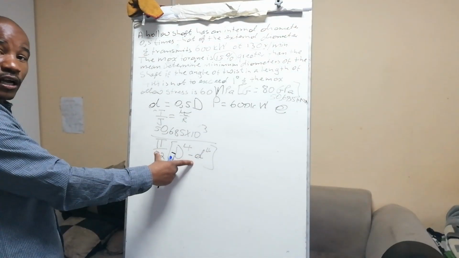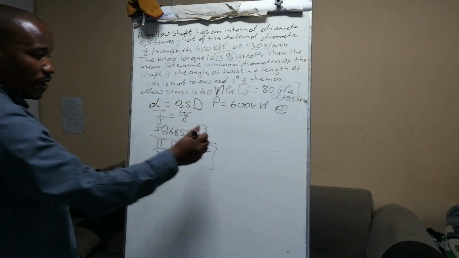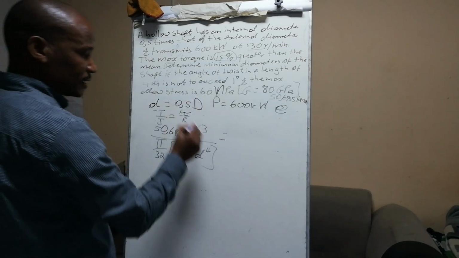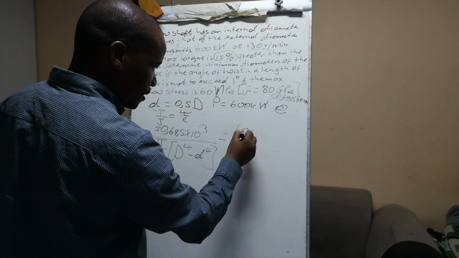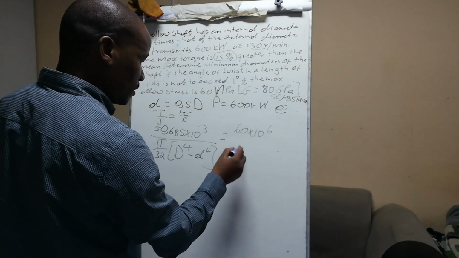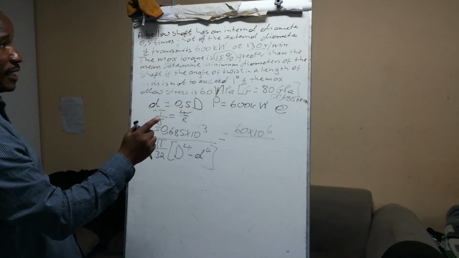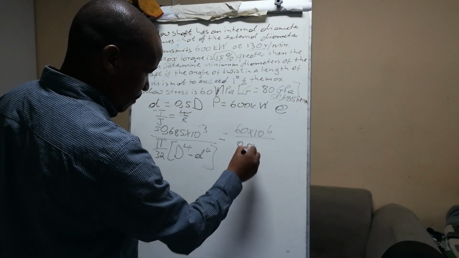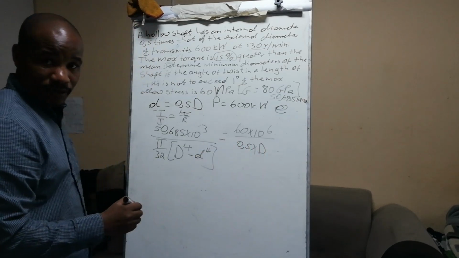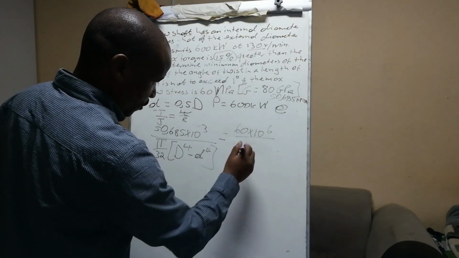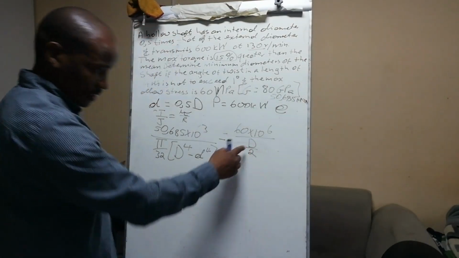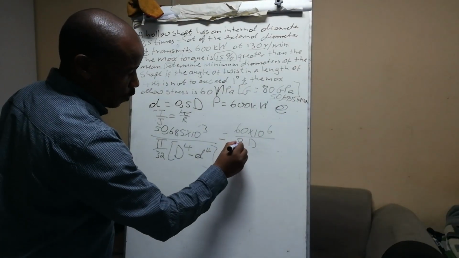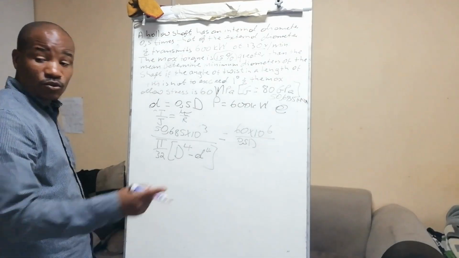This is the formula used to calculate the polar second moment of area. And it's equal to the maximum shear stress, which is 60 multiplied by 10 to the power 6 over the outer radius. What is the outer radius? It is 0.5 multiplied by D. Or let me put it more clearly: it is D, the diameter, divided by 2. 1 over 2 is 0.5. That's where that thing comes from.